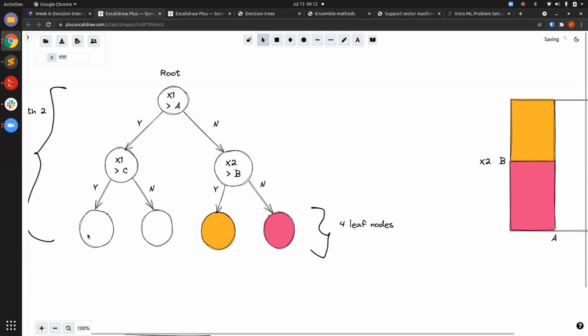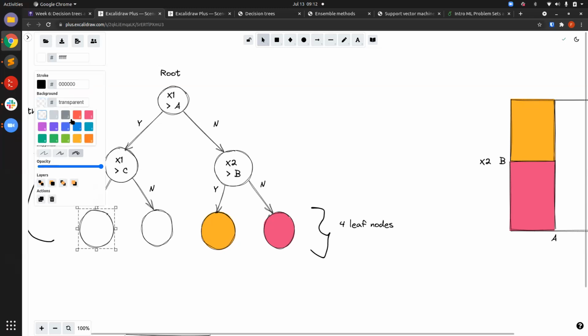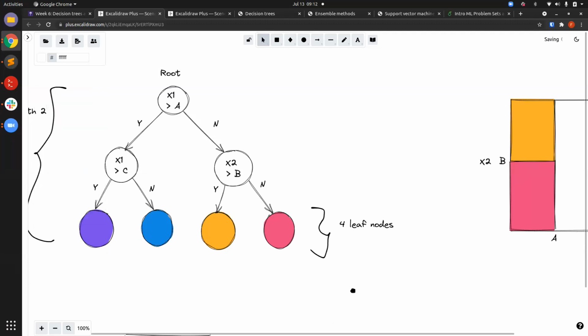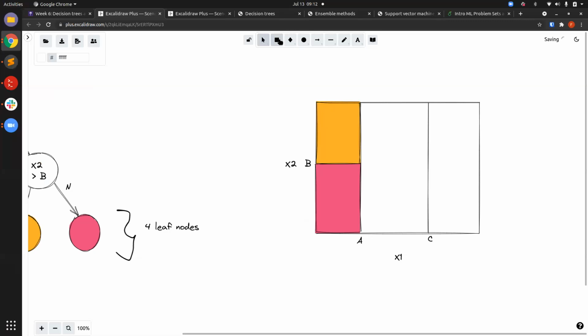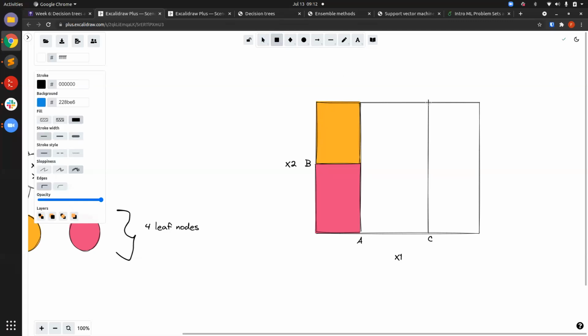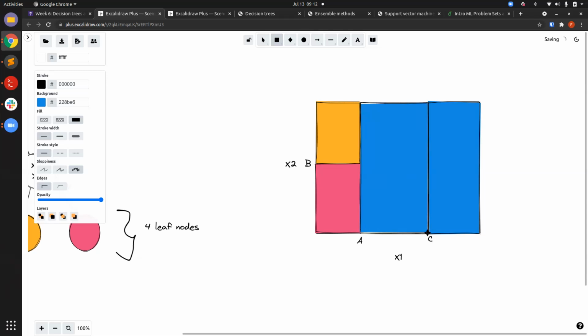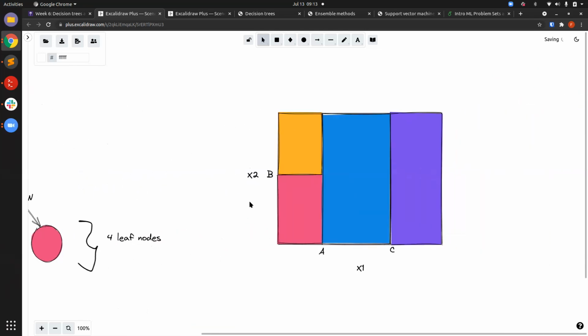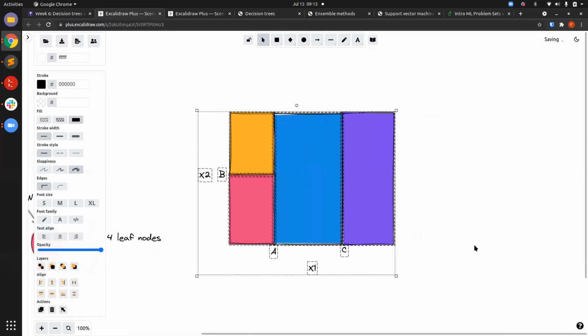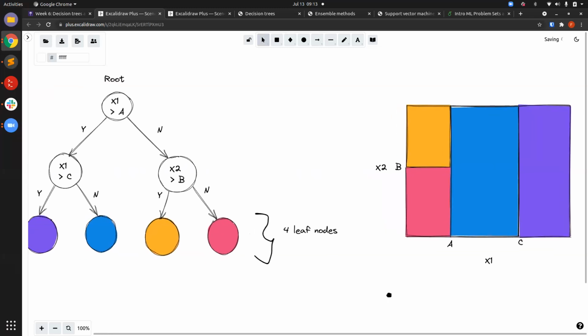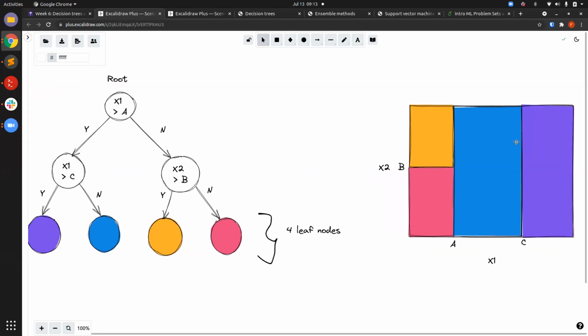Okay, and then let's make the yes branch purple and the no branch blue. So you can see I've split up this feature space using my tree. Every time the tree branches, the feature space is split up more and more.